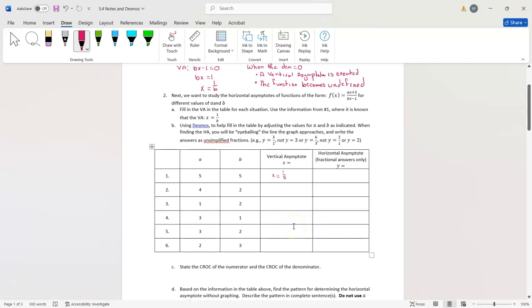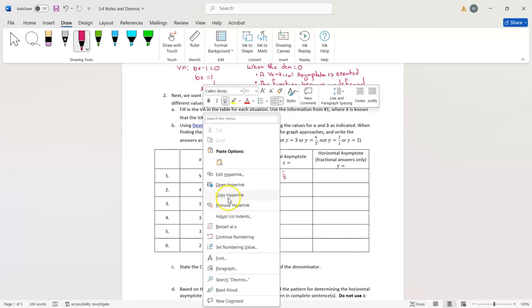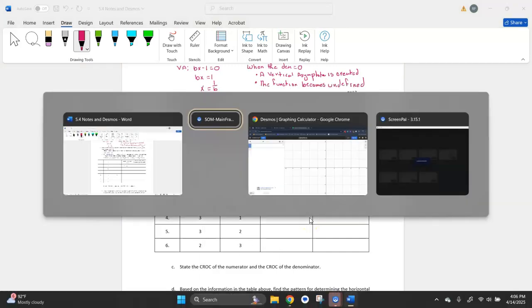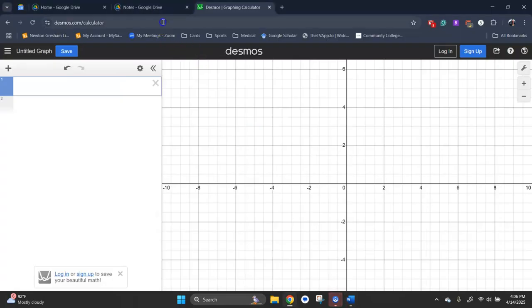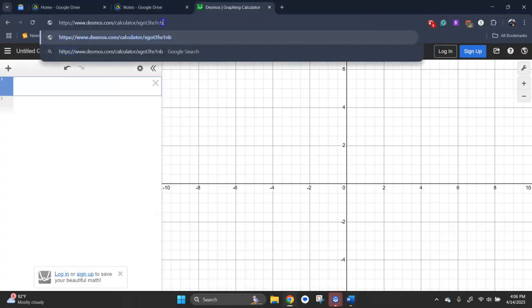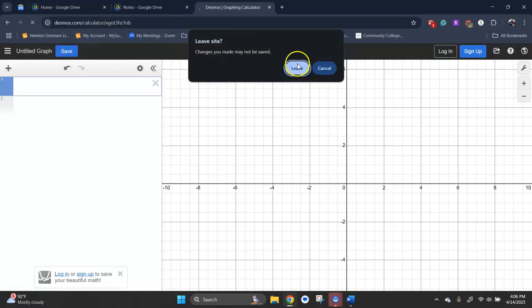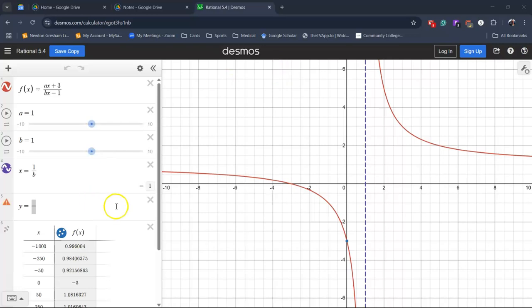Next, we want to use the Desmos exploration that's already linked. I am just going to copy that hyperlink and go over to Desmos and open up this particular activity.